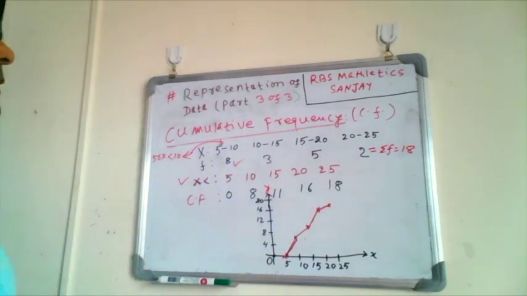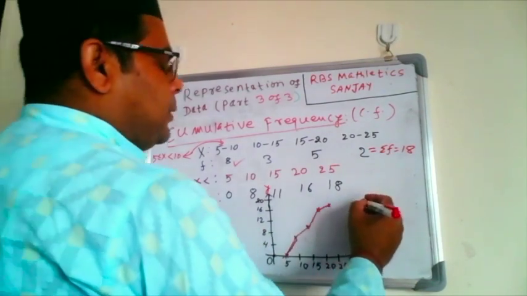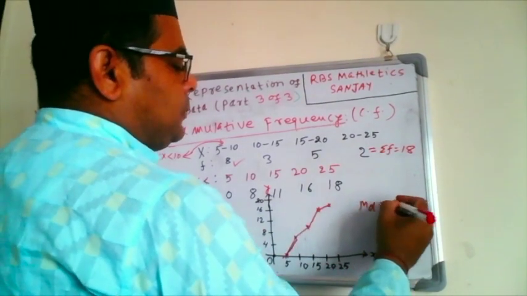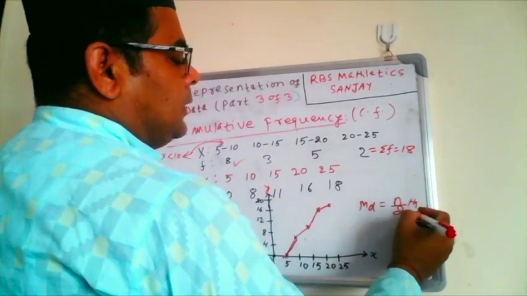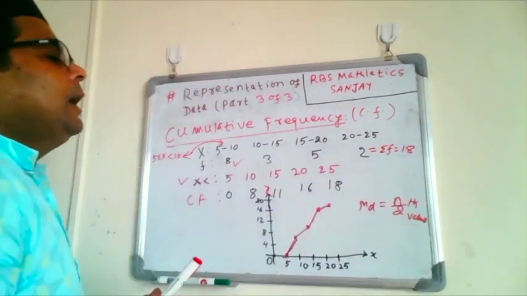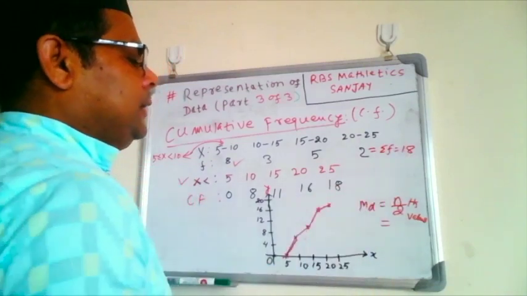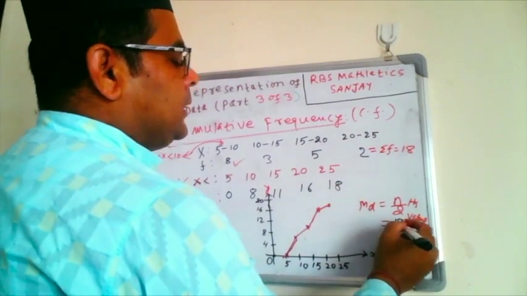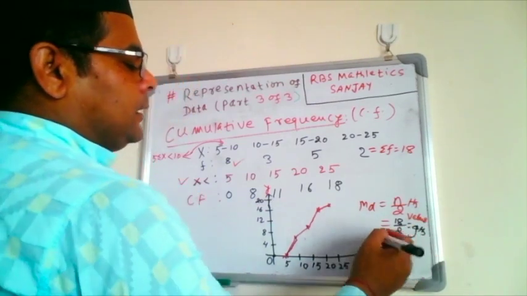So here in this case, for example, if you would like to find the median, then what you can do is find the n by 2th value in the graph. And n by 2th value means here in place of n we have total n as 18, and then divided by 2, that means we have the 9th value.